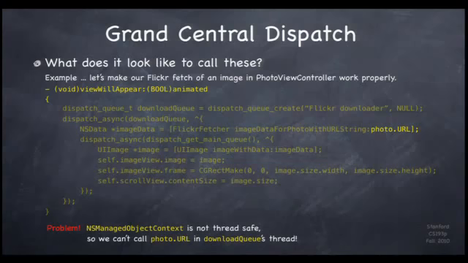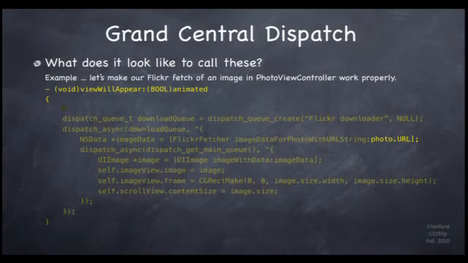So how do we fix that? We've run into a bit of a conundrum here, but it's easily fixed by the power of blocks. We're just going to create a local variable called URL, set it equal to photo.url, and then change the call inside that queue to just be URL. I told you that blocks retain a copy of any object that's declared locally before they execute.